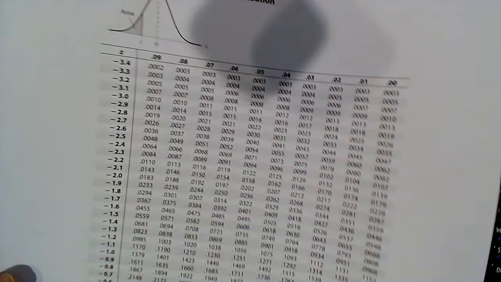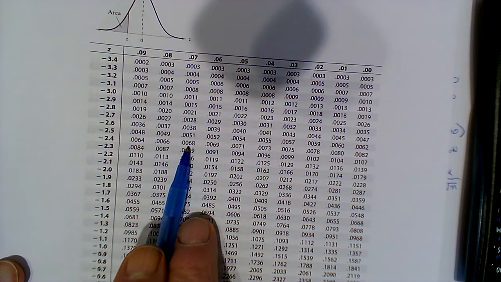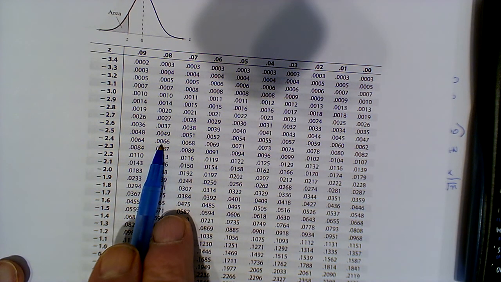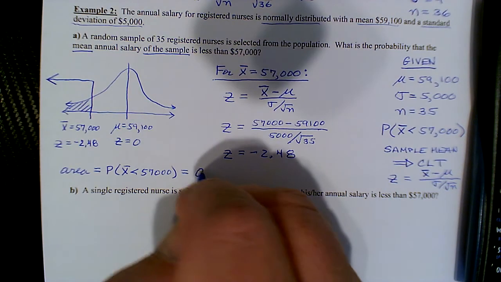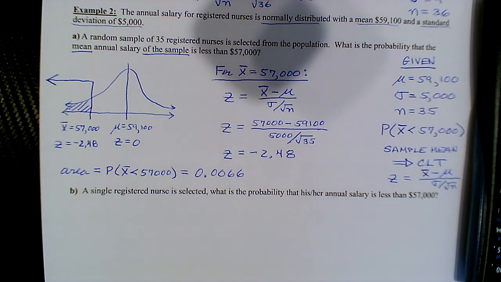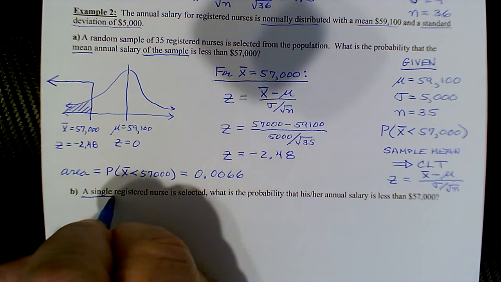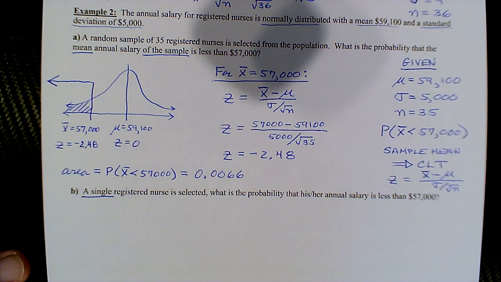Negative 2.48, so negative 2.4, intersect that with 0.08, and it looks like 0.0066. So that is our actual area or probability.